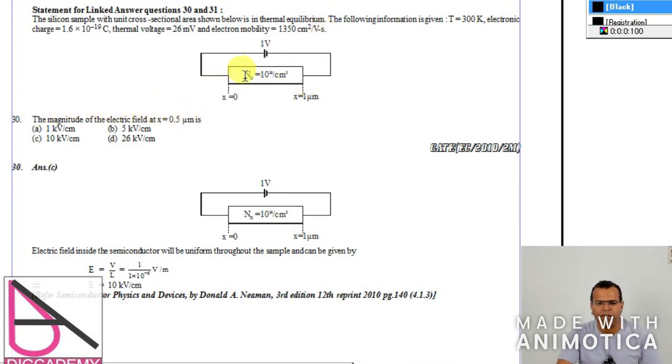So you are given this semiconductor bar. Electric field is nothing but V by L. V is the voltage across the semiconductor bar, L is the length, which is given to you as 1 micrometer. The voltage is given as 1 volt. So you get the electric field across the semiconductor bar.